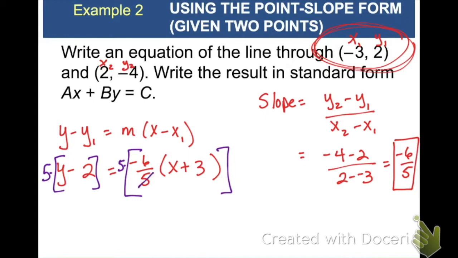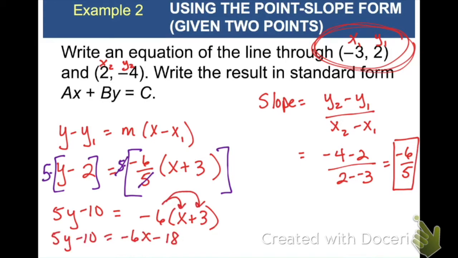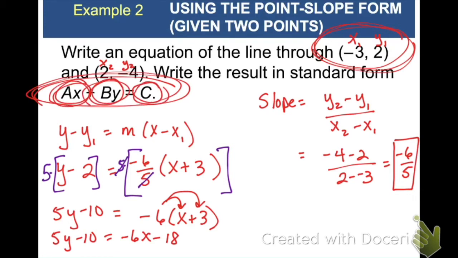Now on the right-hand side, the 5's cancel, so I don't have any more fraction. And on the left-hand side, I'm just going to distribute a 5. Now I don't have a fraction. Doesn't that feel better? And I'm going to keep going. I'm going to go ahead and distribute my -6. And my final answer is supposed to have the x on the left-hand side, the y on the left-hand side, and the constant, the one without an x or a y, on the right-hand side.